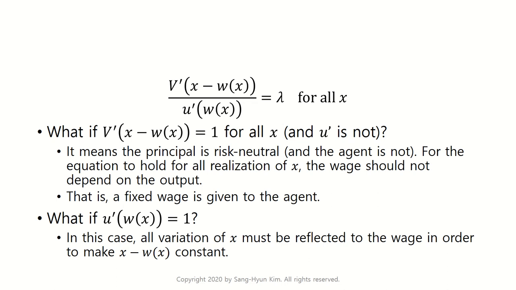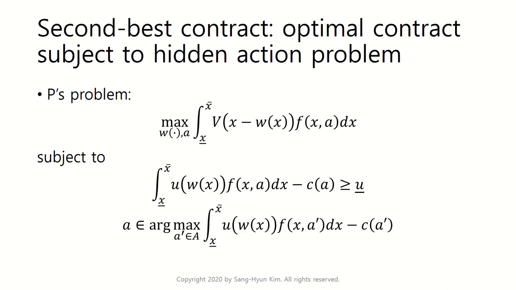So you can derive it if you want, but there is nothing really interesting there. So I will not discuss the effort level in detail here, but let's just focus on this equation and some variation of it later. Okay, so move on to the second best contract.